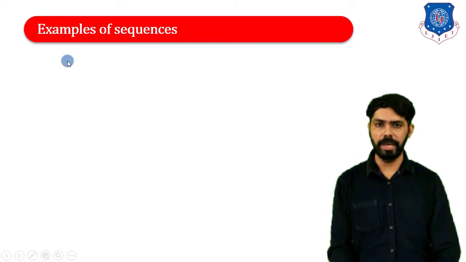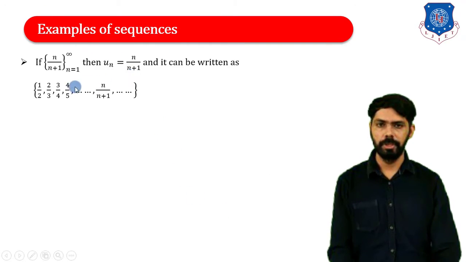Now we will discuss examples of sequences. If n divided by n plus 1, where n varies from 1 to infinity, then un is equal to n divided by n plus 1.